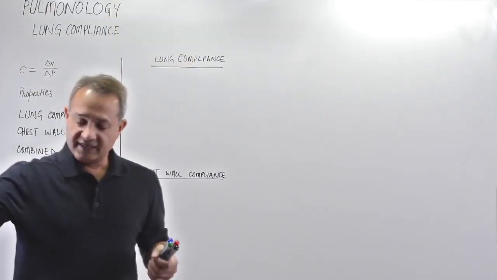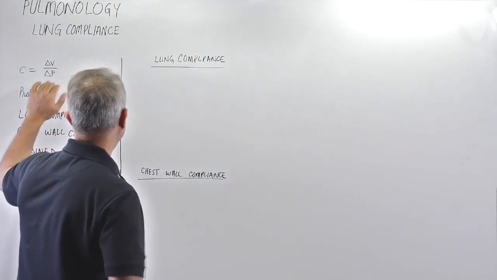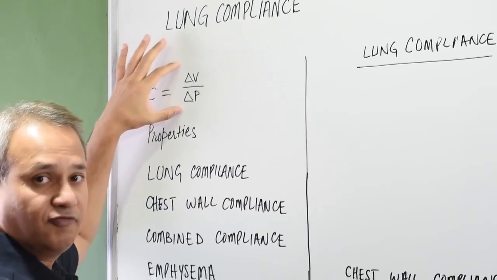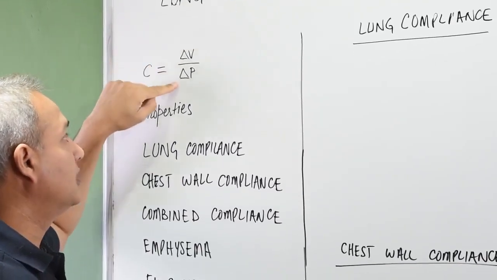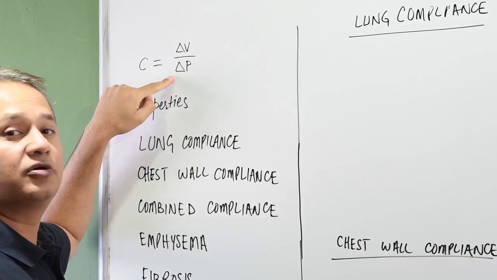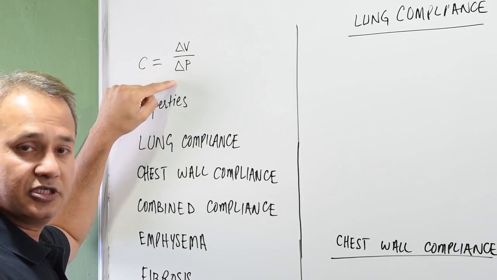Cool. So let's talk about the compliance. First of all, the definition and the formula of the compliance. The formula is this: compliance equals the volume change for a given pressure change, or it is the ratio of the volume change and the pressure change.